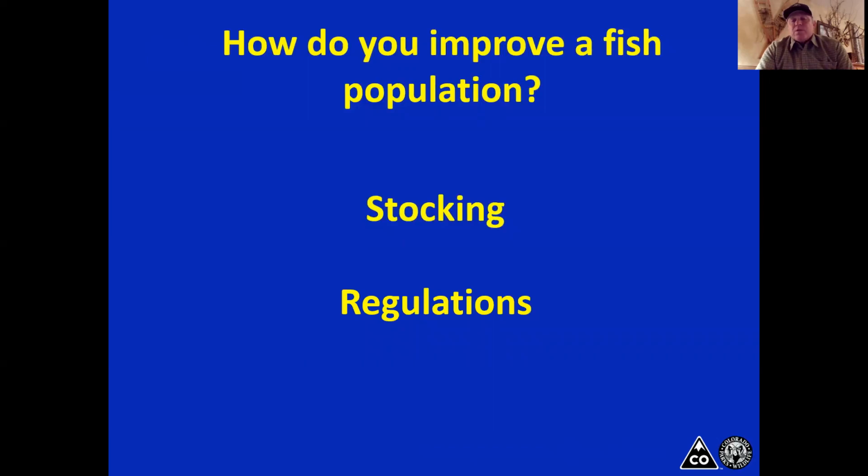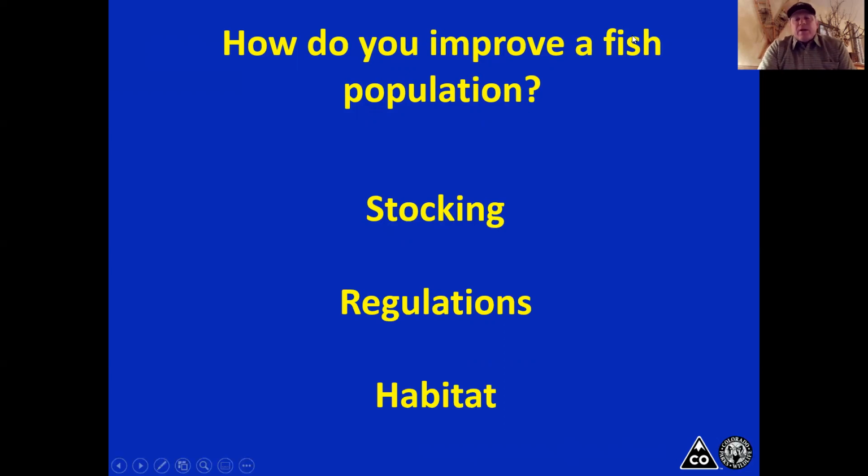One thing we can do is adjust regulations, for instance, by creating limits that protect the large, reproductively mature individuals in a population. So the larger fish, by setting regulations like a limited number that can be harvested at these larger sizes. So fish regulations are a way that we can improve fish populations.